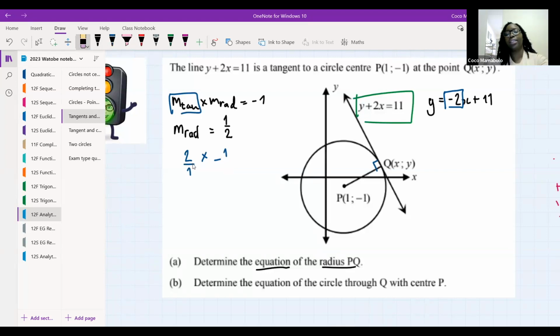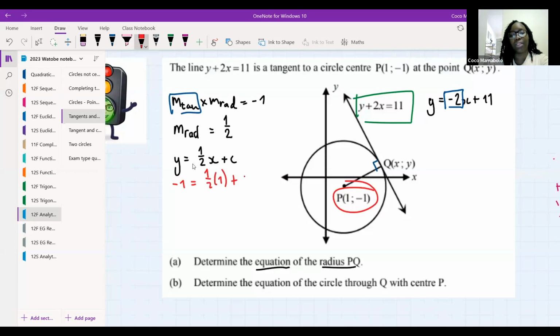Let's get to this equation because we have actually run out of time for today. I'm going to write y is equal to 1 over 2 x plus c. If I want to find c, I'm going to sub in the point in the middle, not the one on the tangent, since I don't even have a point on my tangent. So -1 is equal to 1/2 times 1 plus c.